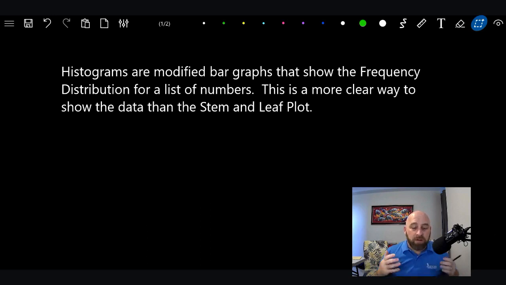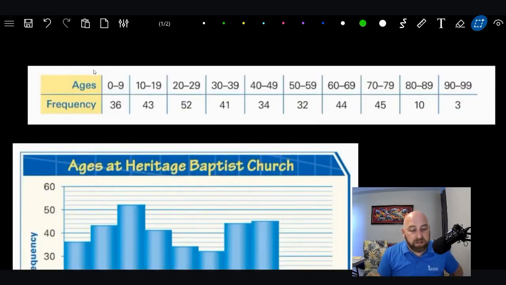If you had a stem and leaf with 300 or 500 entries, all of a sudden it would get big and hard to read again. This can handle bigger numbers, more categories. It's a little different, but it's handling the data basically the same way that the stem and leaf did.